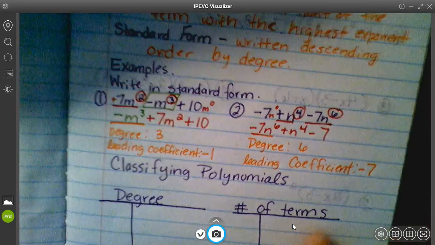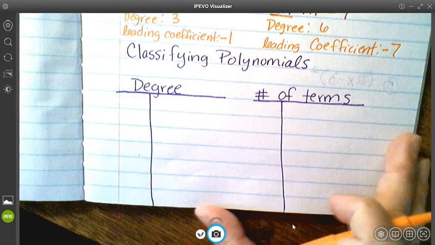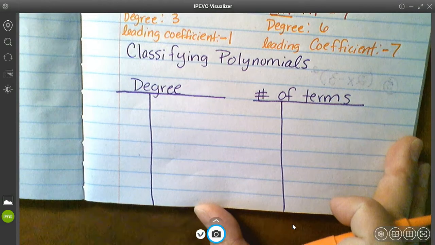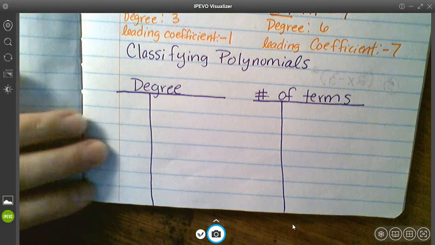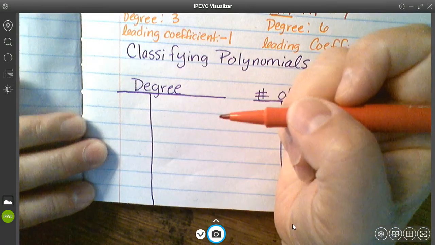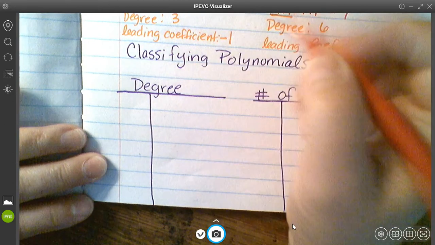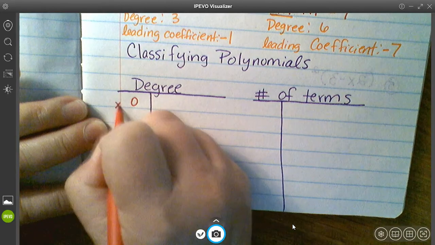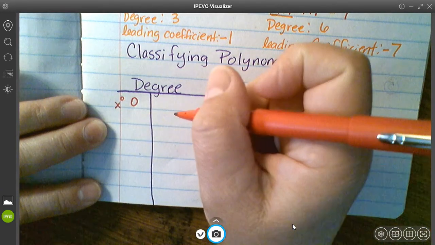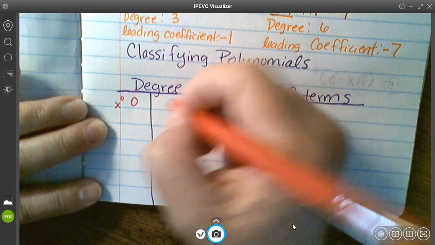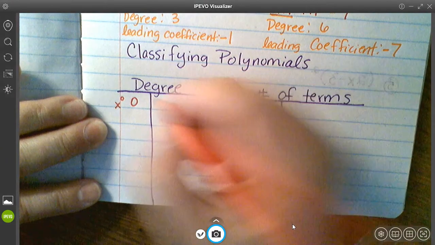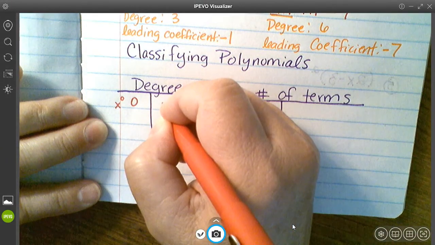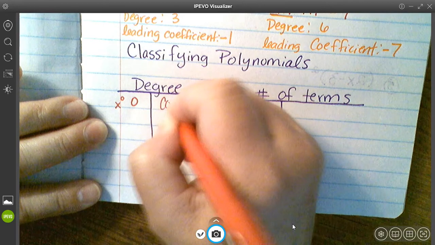So now we are going to classify our polynomials by the degree and the number of terms. So we're naming them. Our degree, again, is our exponent. So if we have a degree of 0, that's like an x to the 0 power. It is just a number, a constant term. So that is a constant.